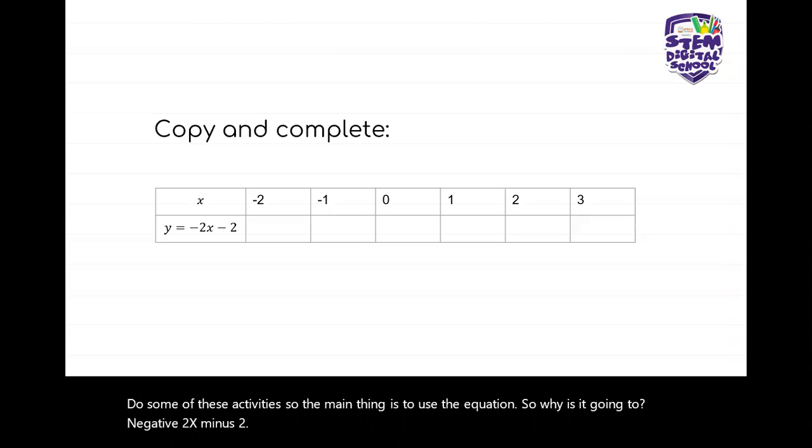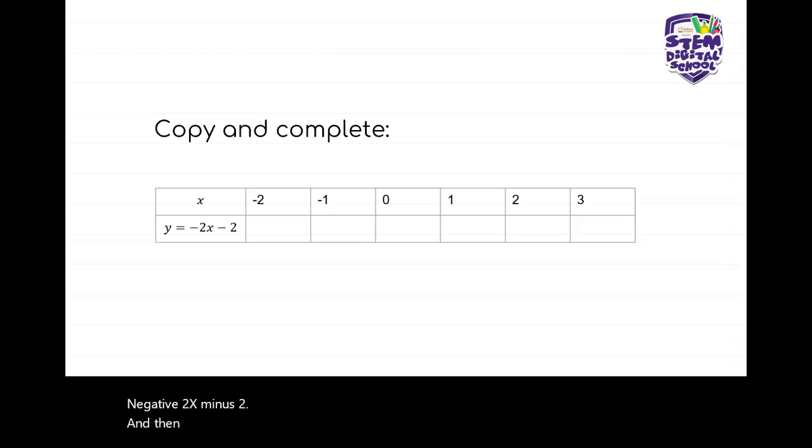And then y will be equal to -2, and then you open your bracket. And where there is x now, we are going to put 2. And then, of course, minus 2. So basically, this is how you proceed. Y is equal to -2 multiplied by 2, and then minus 2.